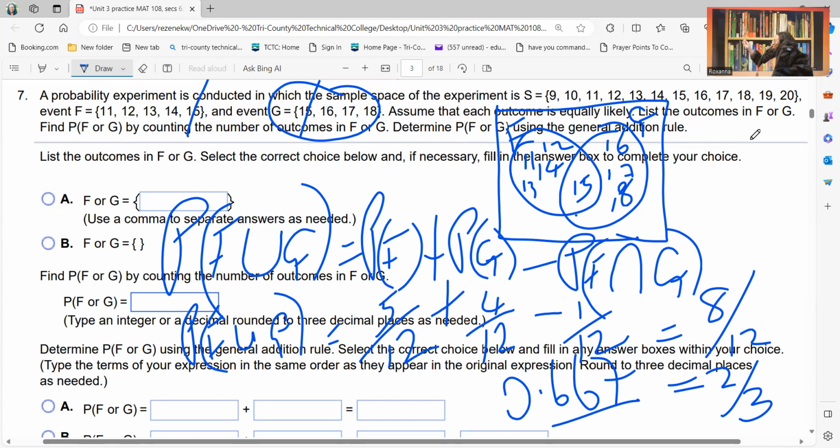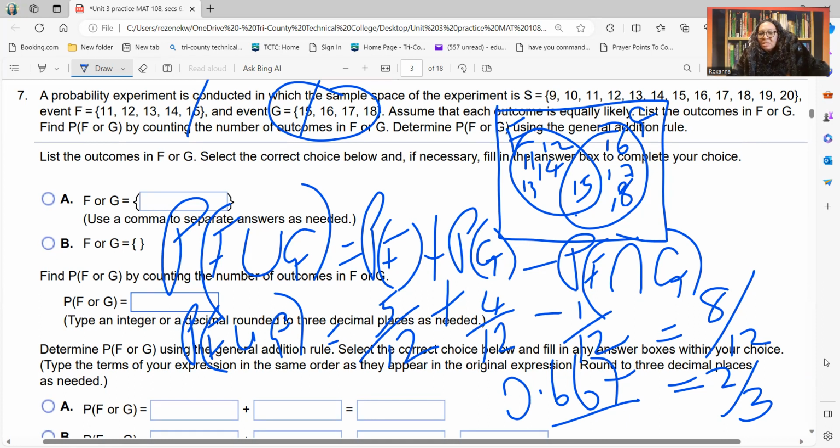For example, if I have a fair coin and throw it 100 times, the probability of heads is going to be 1 out of 2 or 0.5, because I repeated the experiment several times. But if I do it only 2 times, maybe I can have heads all the time. But if I do it a whole lot of times, the law of large numbers says you'll see it is 50-50.